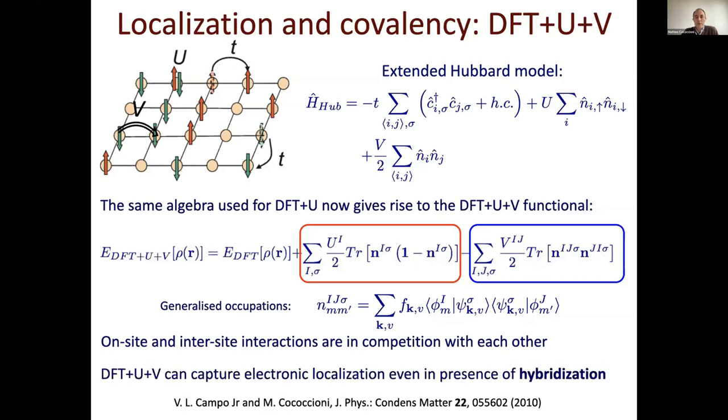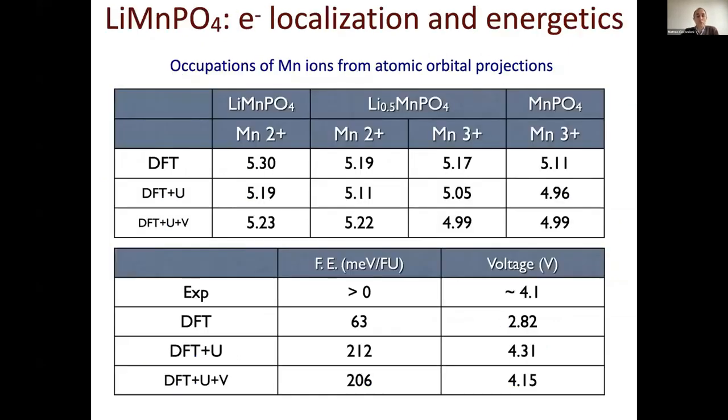So you have a nice tool now that basically allows you to capture electron localization in presence of hybridization, but you need to be able to compute these, and you will see how to compute this in the next talk by Yuri Timrov.